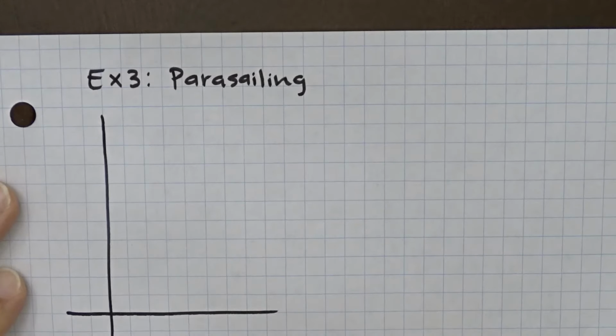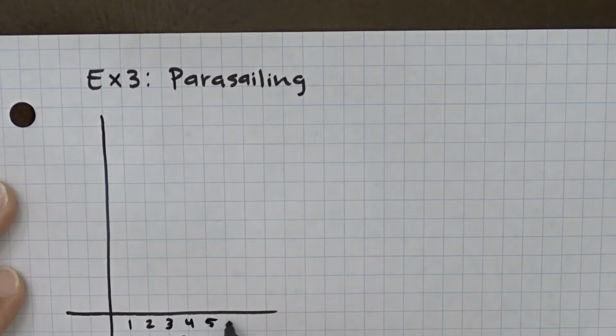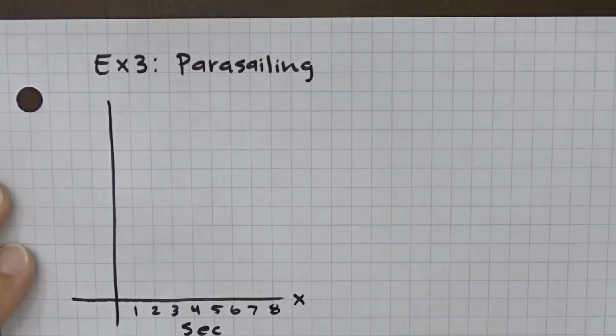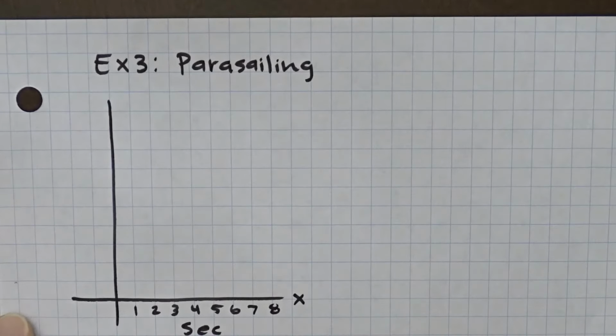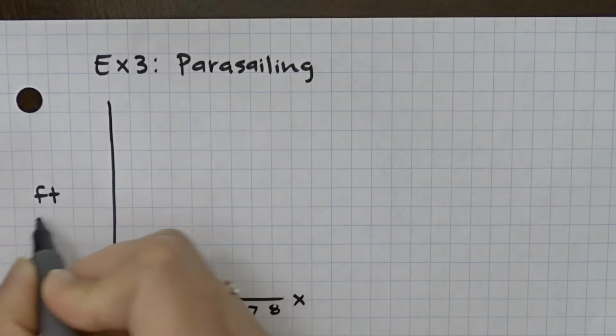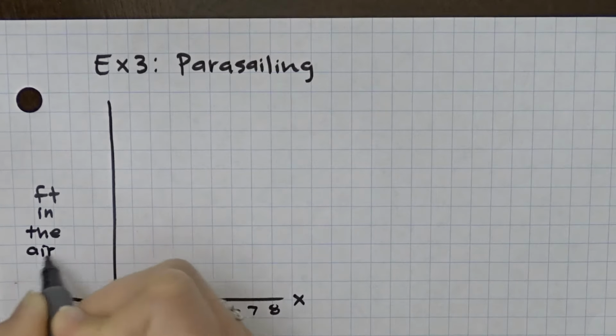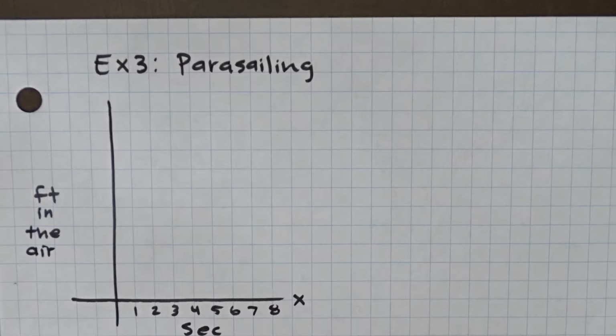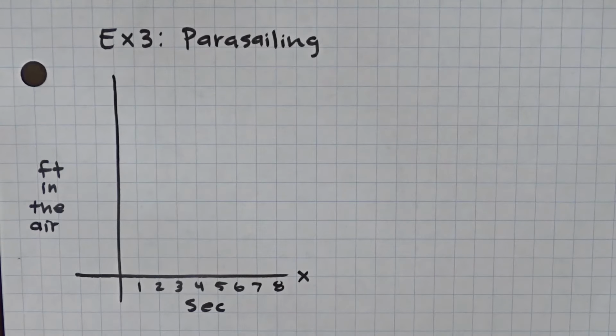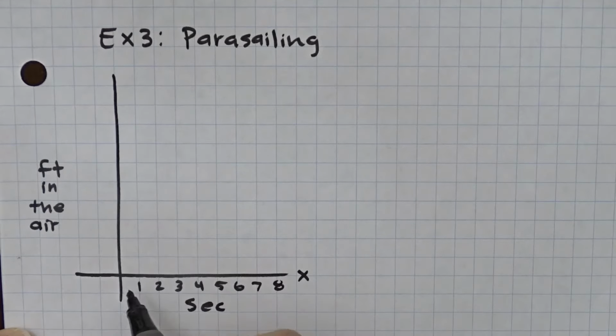And it's telling you every second that goes by, 1, 2, 3, 4, 5, 6, 7, 8 seconds. And this is going to represent the height, feet in the air. As the boat's pulling you, you go up into the air and you glide around the ocean.